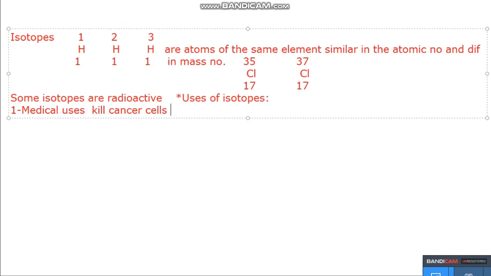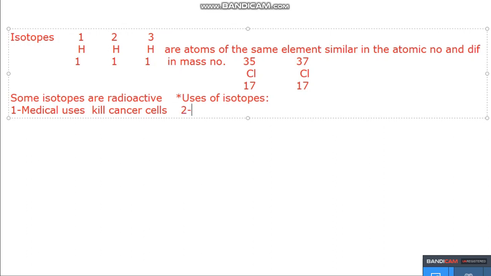He has a tumor of cancer, and we aim the instrument at this tumor to kill the cancer cells, using the rays that are emitted from the isotope.